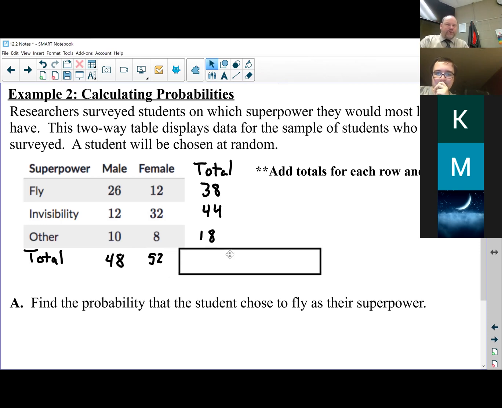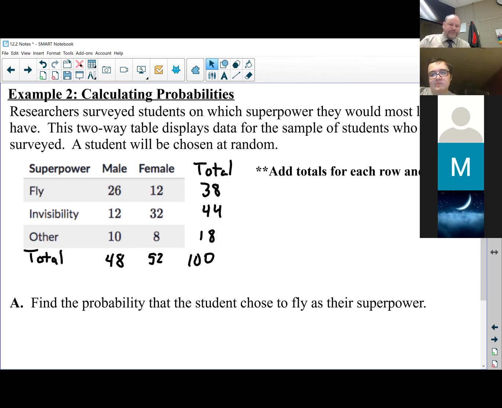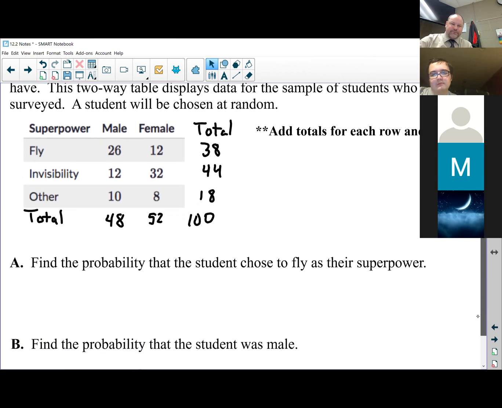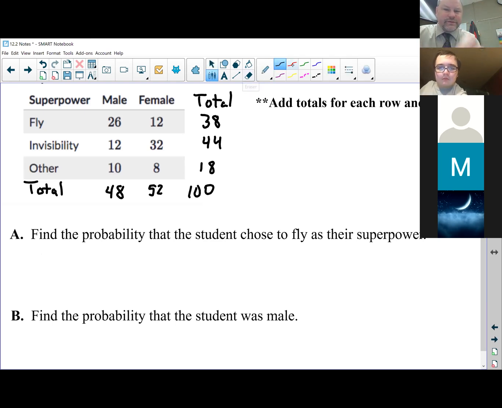So then how many total students were surveyed? 100. 100, exactly right. All right, so find the probability that a student chose flying as their superpower.